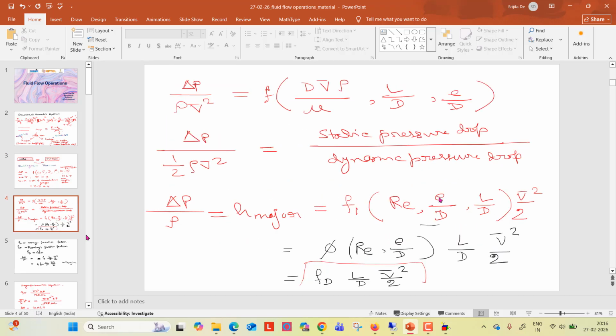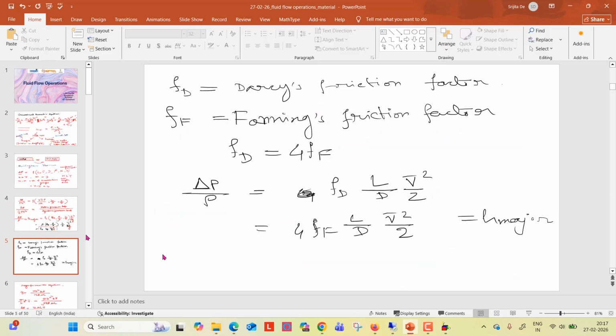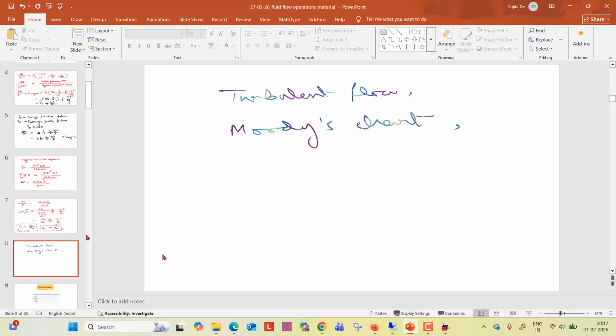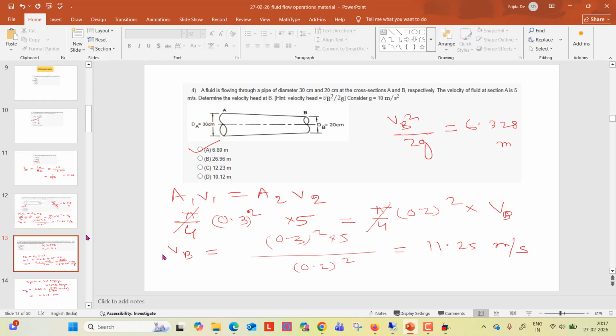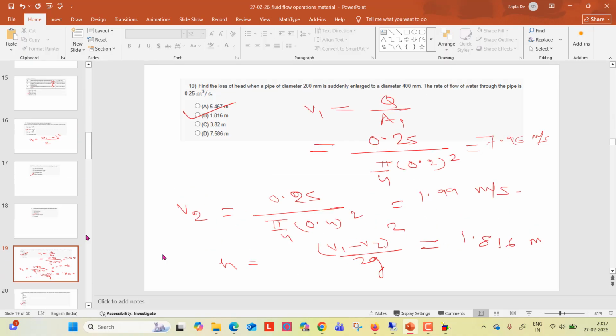Or the unit will be changed. Without G also you can write, but accordingly you have to change the head loss unit, then it is fine. So you can write in both ways. I'm not writing again. You just remember the unit. Don't miss the unit. Unit is very important.